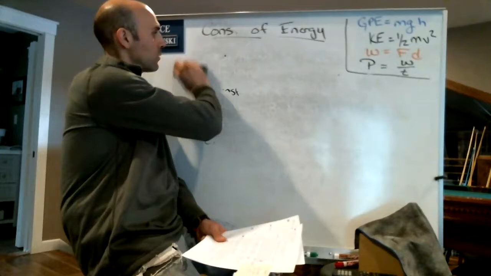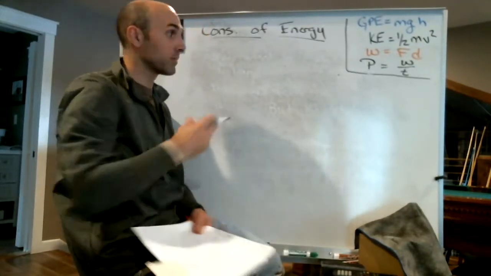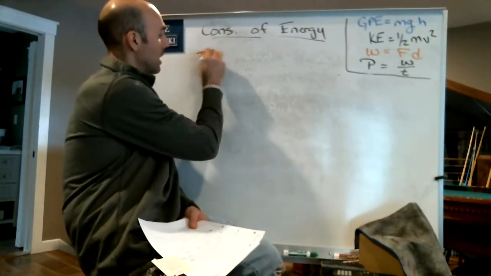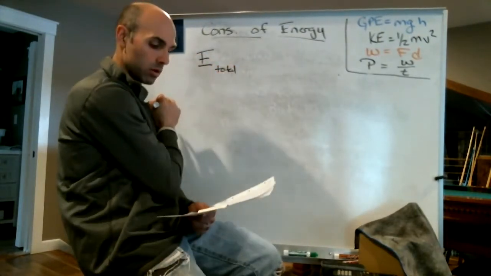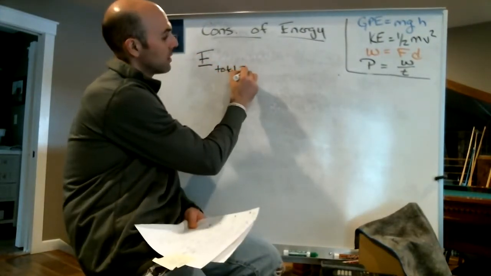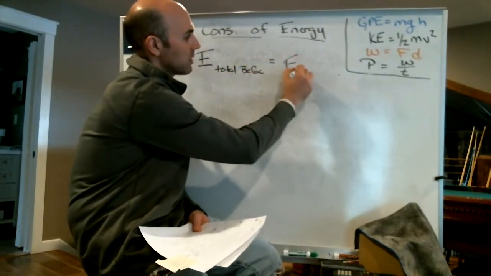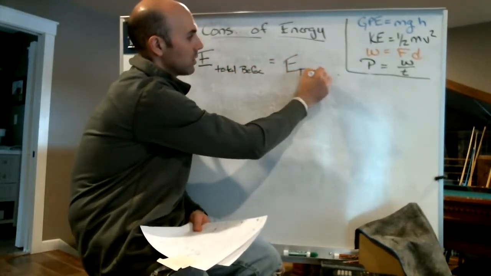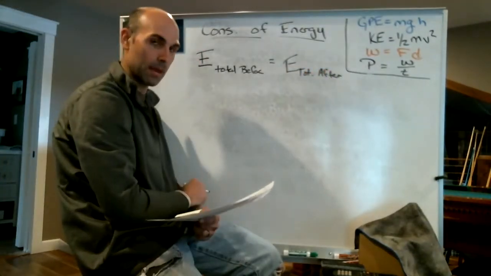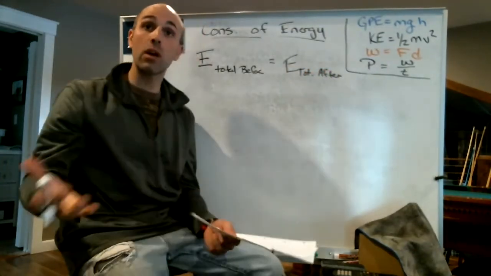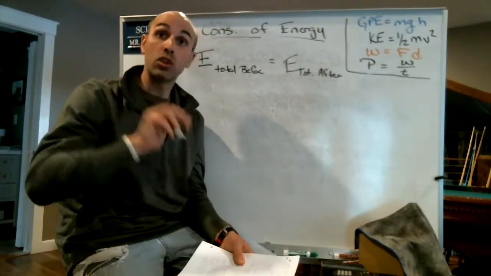Okay, so we had that in word form. Now let's put that into equation form. So the total energy before equals the total energy after. How many different types of energies have we talked about thus far? Correct, two.